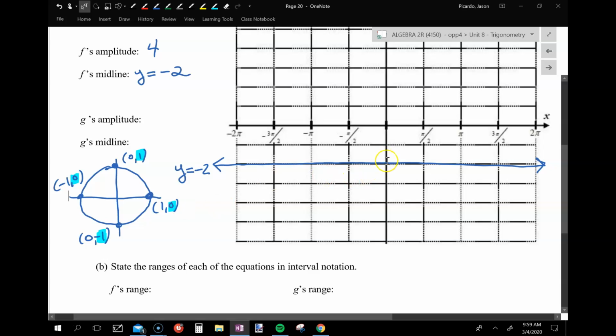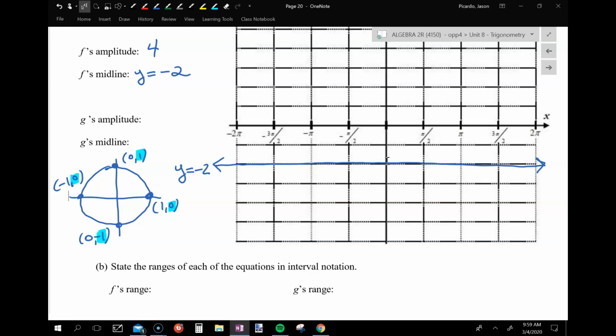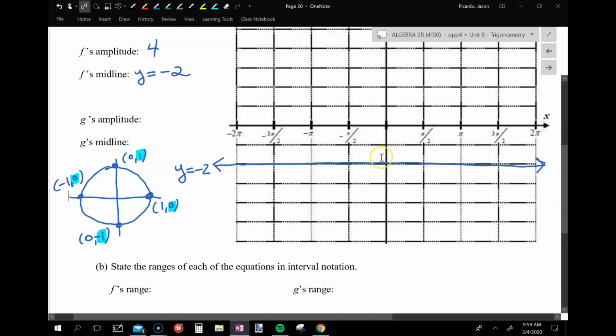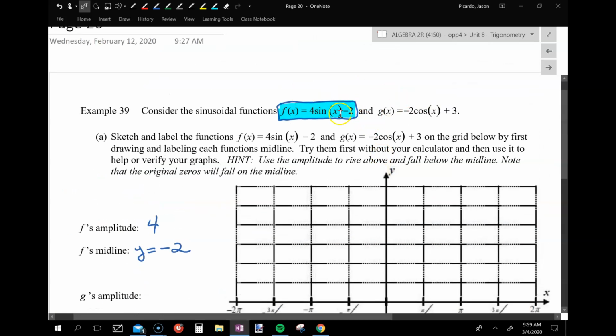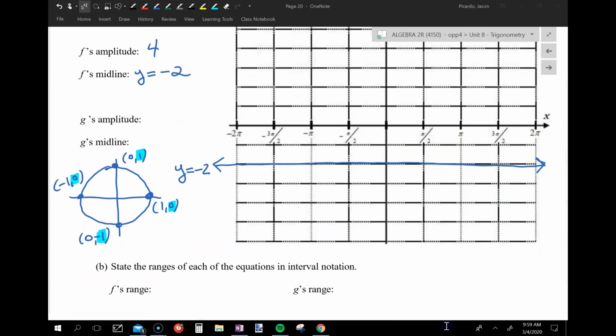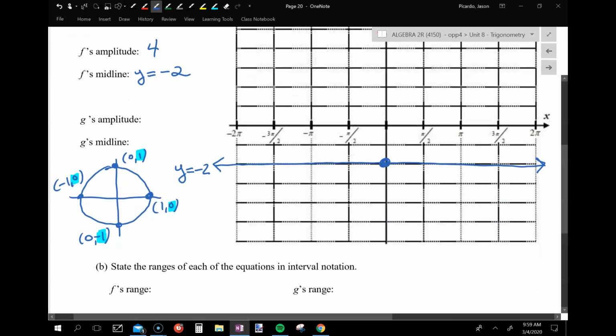So at 0, I need to plot 0. But hang on, wait 1 second. What did I do to this graph? I shifted it down 2 units. So instead of starting at 0, what's 0 times 4? 0. What's 0 minus 2? -2. That means I have a point here on my midline.